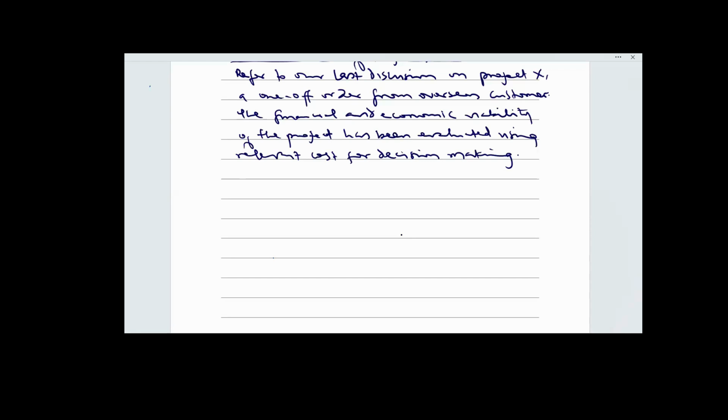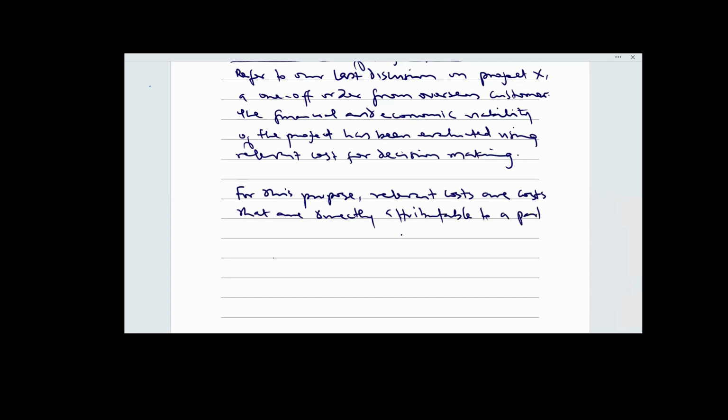I would then say, for this purpose, relevant costs are costs that are directly attributable to a particular course of action in making managerial decision.